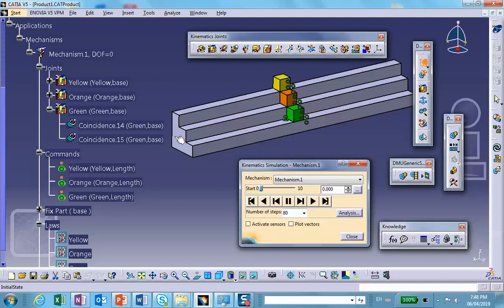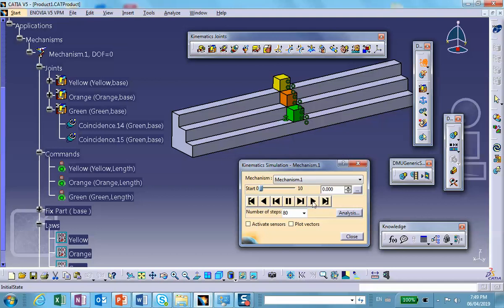Having said that, the yellow one goes to the left, stops, and then goes to the left. The orange one goes to the left, then goes to the right, and then goes to the left. And the green one goes all the way to the left, stops there, and then all the way to the right, stops there, and then all the way to the left.